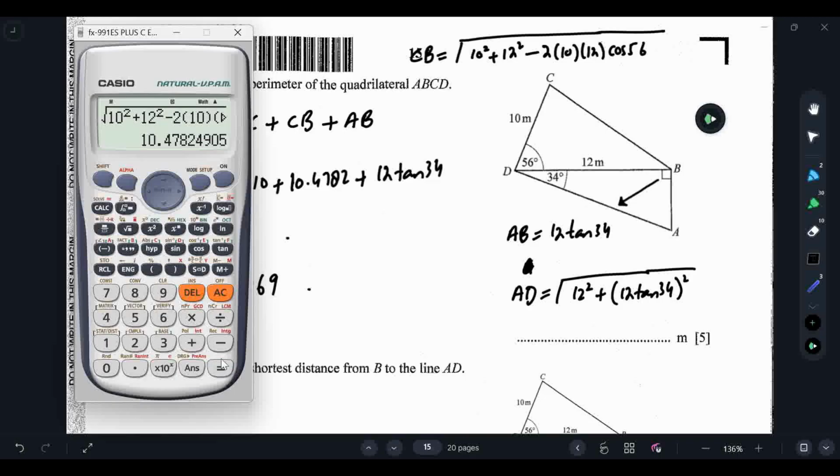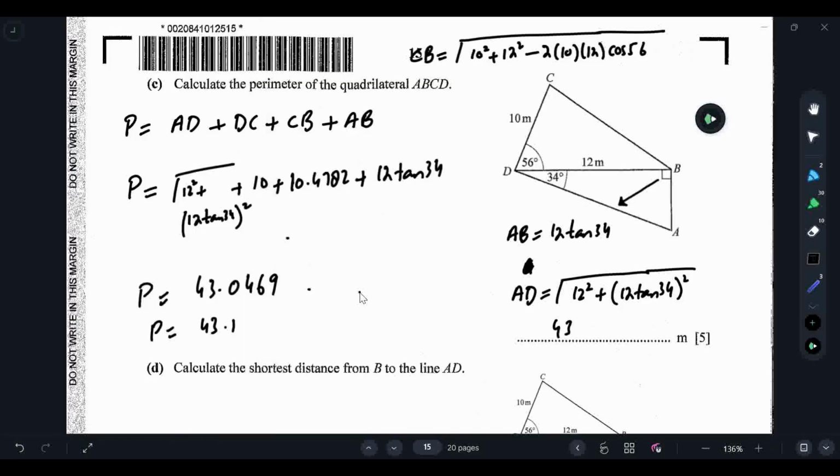This one is 10.46 plus 12 tan of 34 plus the square root of 12 squared plus (12 multiplied by tan of 34) squared. So this will be equal to 33 point, so plus 10. So the final answer will be 43.1.